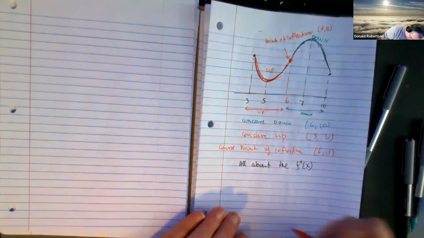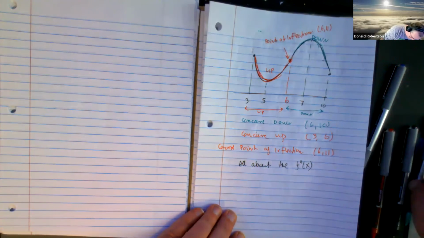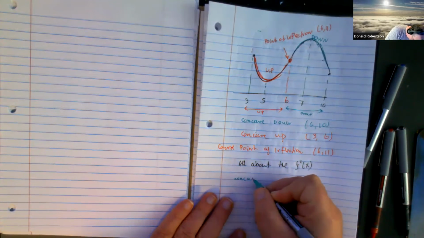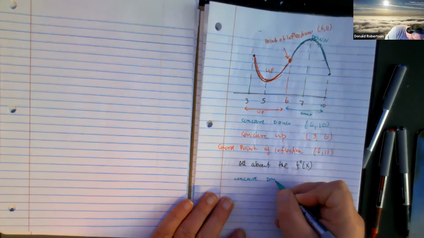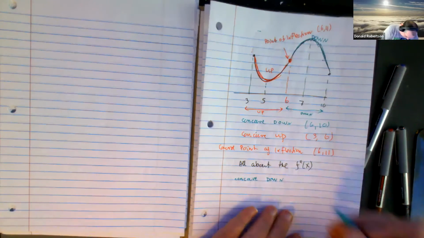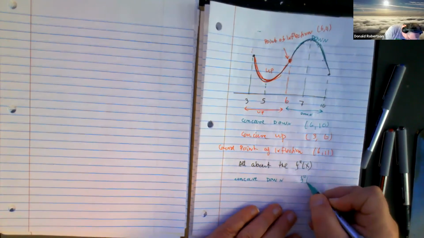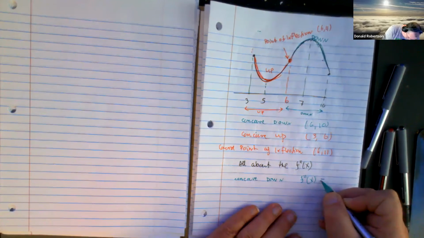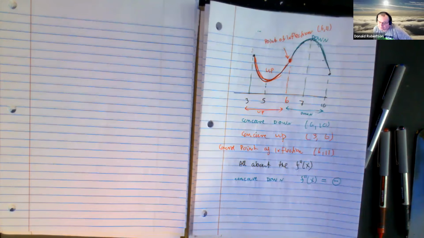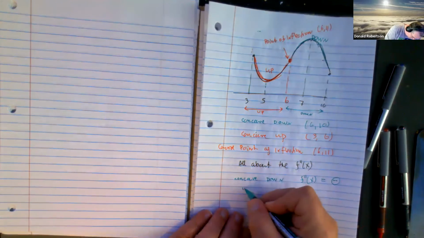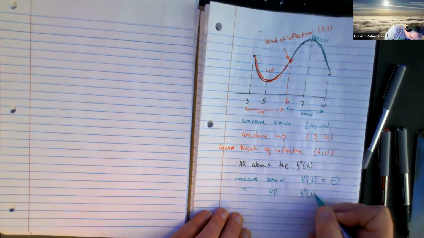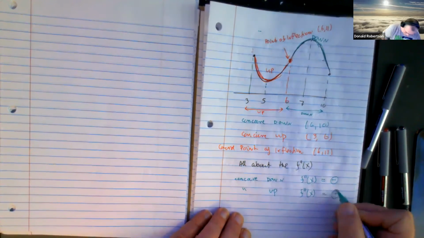Now, this might seem back to front. It might seem, I hope, sensible. But a function will be concave down when its second derivative is negative, and it will be concave up when its second derivative is positive.